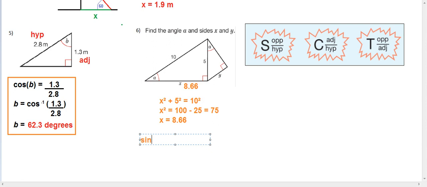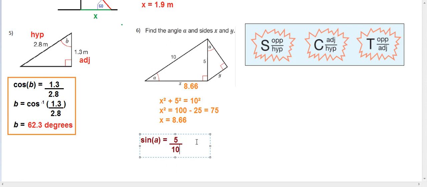So the sine of A is going to be equal to the opposite side divided by the hypotenuse, from the sine rule.